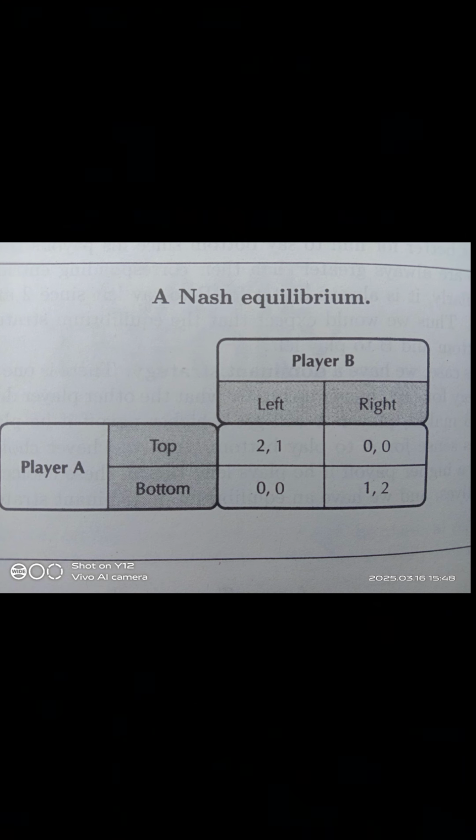Similarly, if player A plays top, then player B's choice will be left, because the payoff is 1, which is greater than 0 in the case of right. So Nash equilibrium means each player is making the optimal choice given the other person's choice.